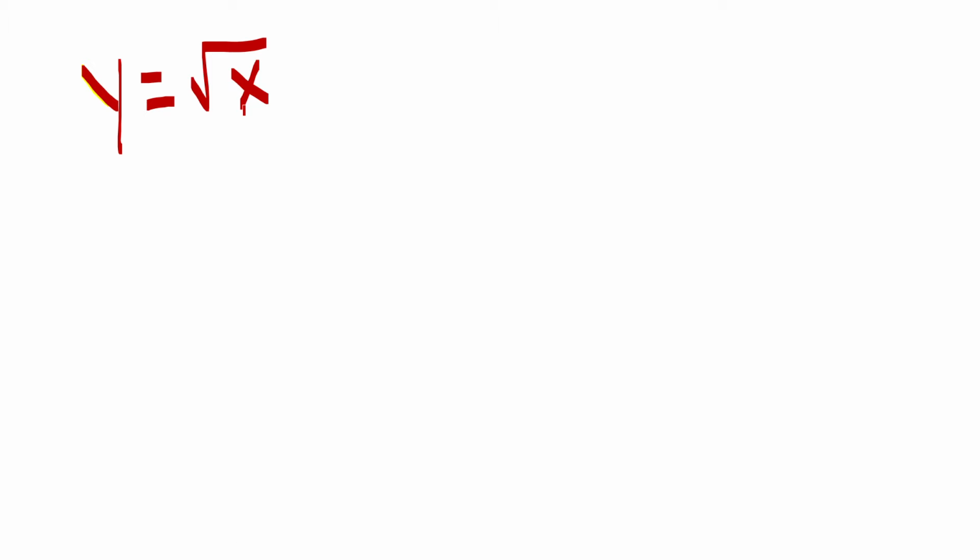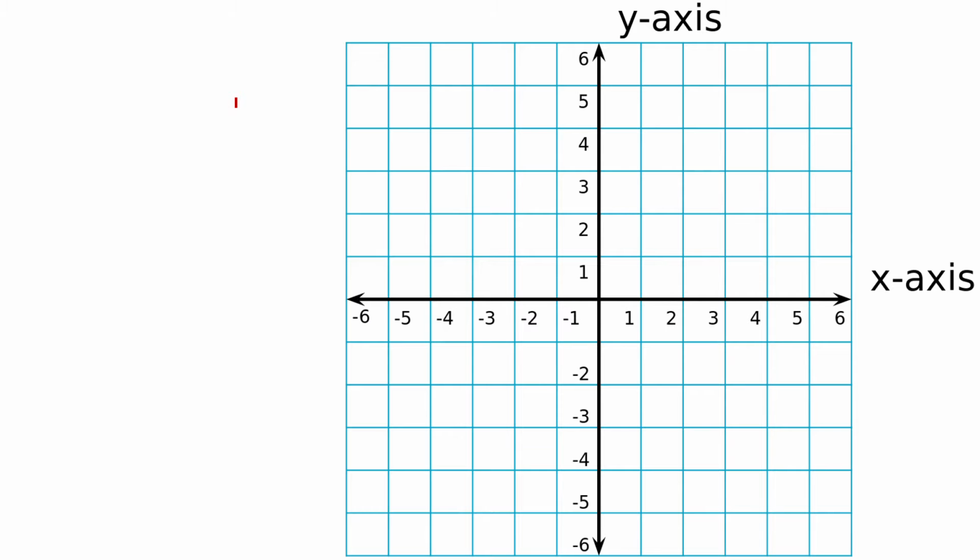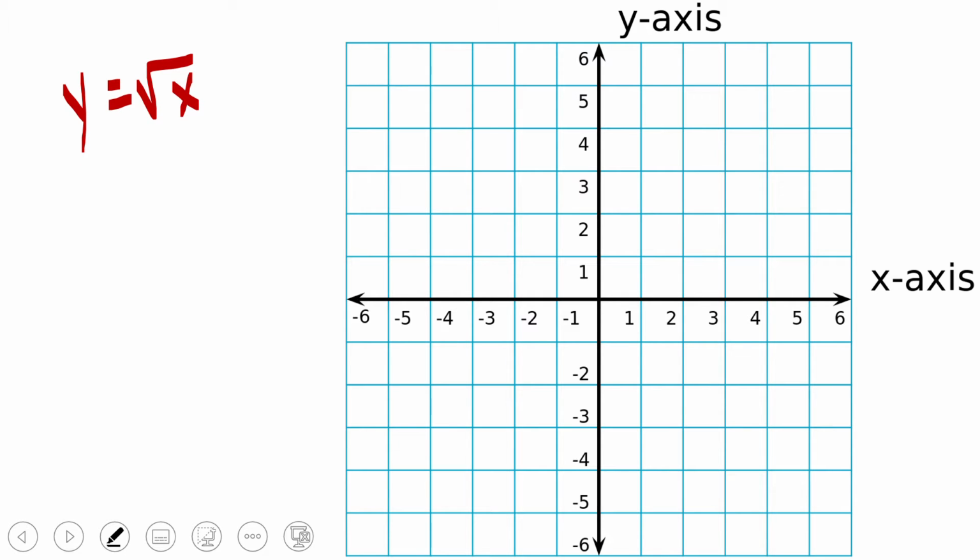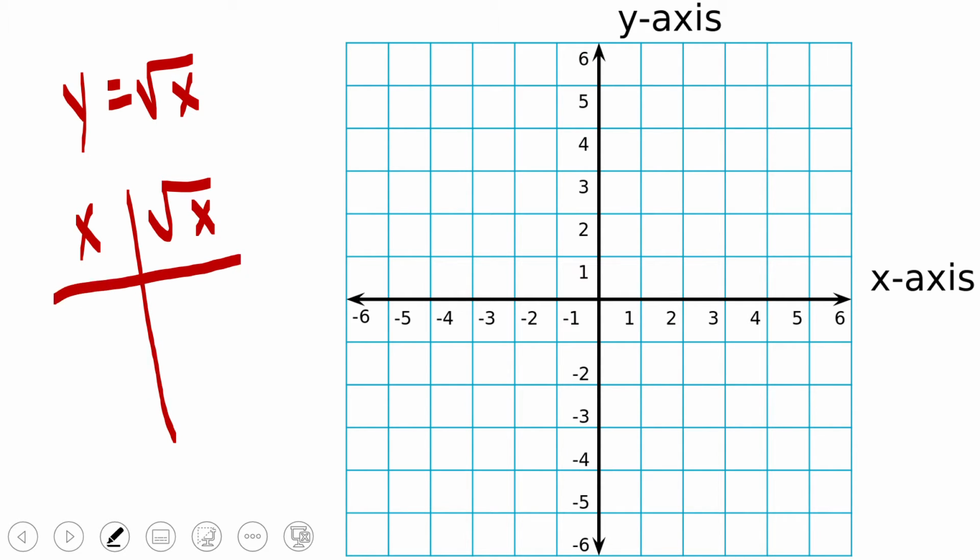So that helps right away. To graph this function, remember that we can plug in values for x to see what the y value will be. We've done this before. At -1, that would be an imaginary number. At 0, we would have 0, the origin. At 1, we'd have 1. And at 2, that would be the square root of 2 on the calculator.